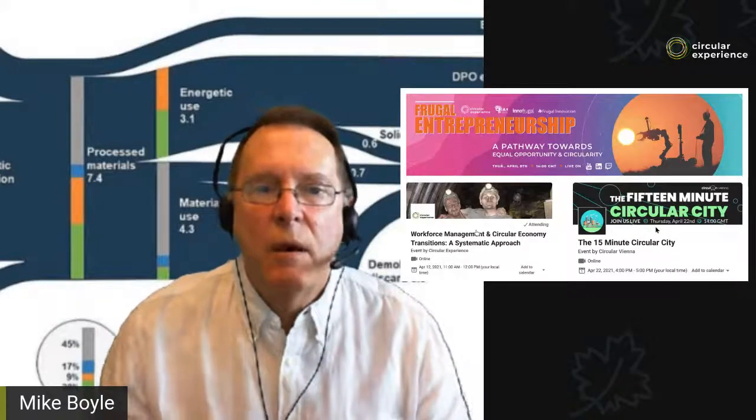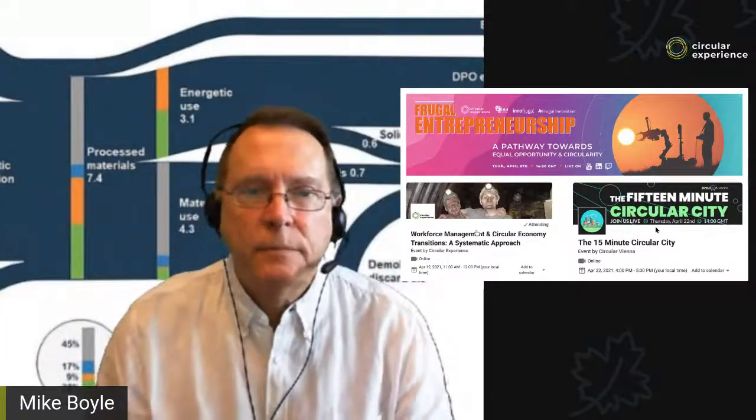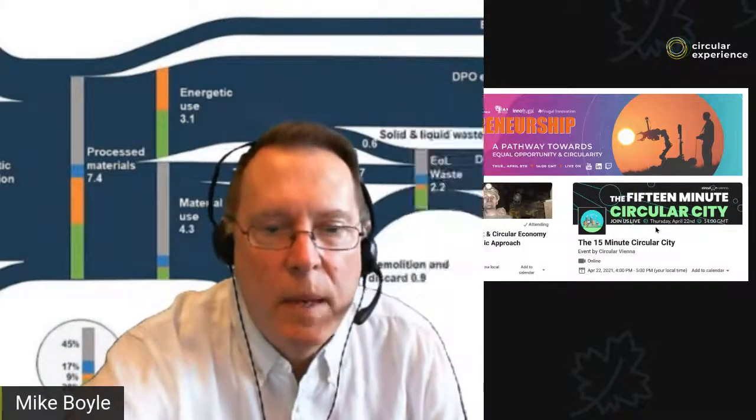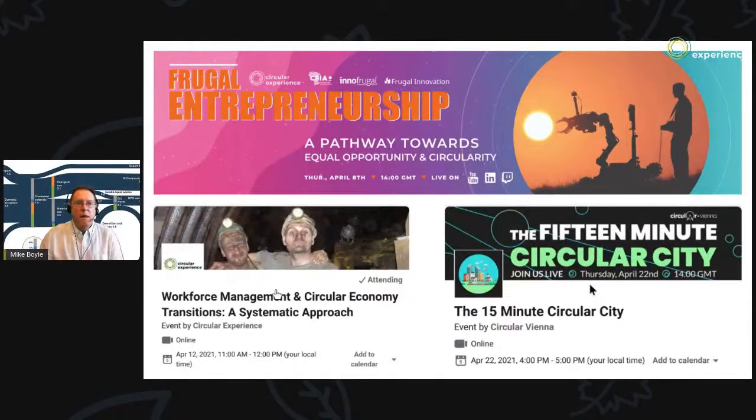Spur of the moment, there are a couple of events that perhaps I could take advantage of the opportunity to highlight. One is taking place on the 8th of April. It's called Frugal Entrepreneurship. And the idea is if we're ever going to reach circularity, we need to look at how we produce our products and services in a much more frugal way, based on what's often called constraints-based innovation.